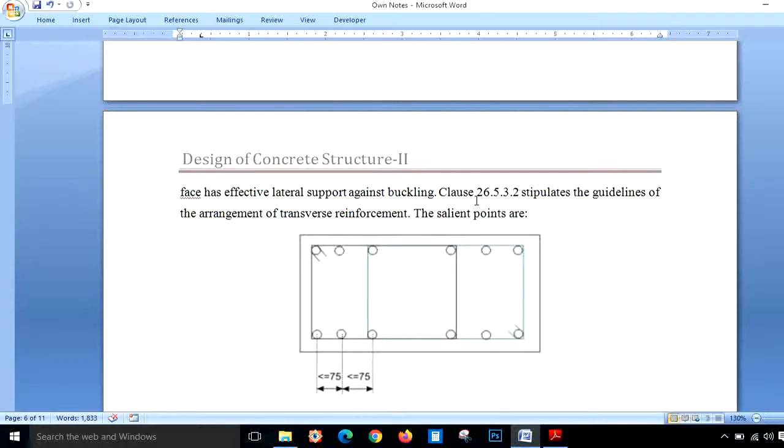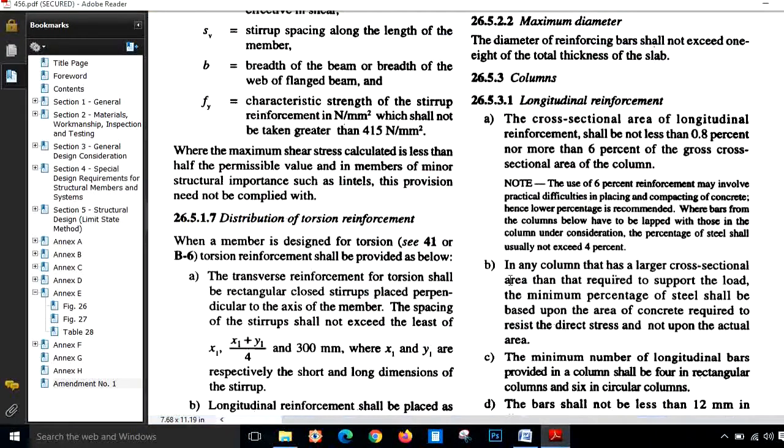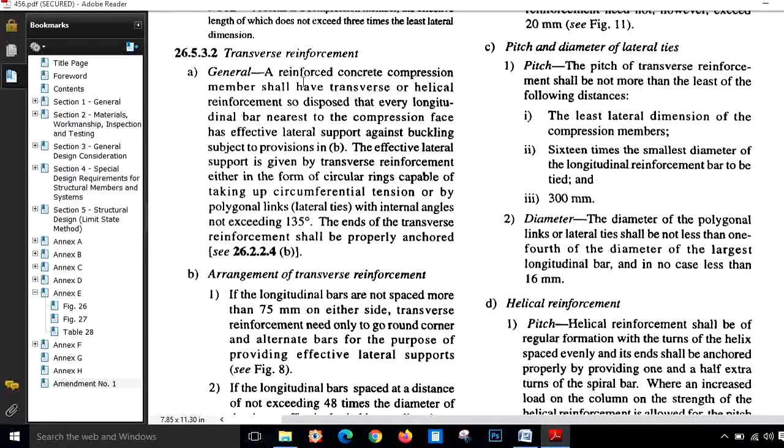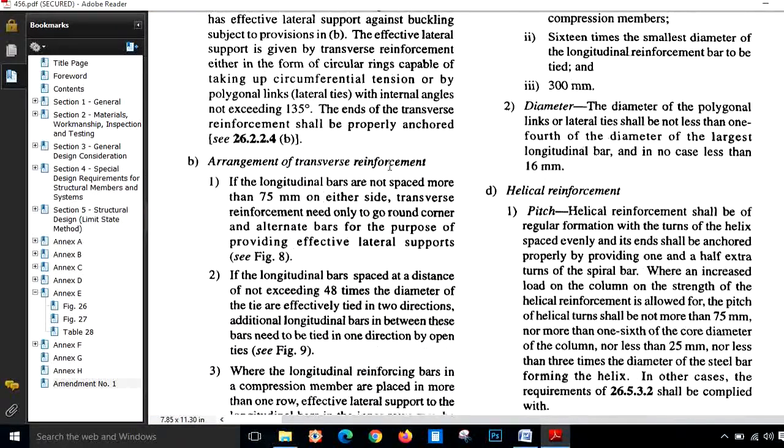As per clause 26.5.3.2, these are the stipulated guidelines for arrangement of transverse reinforcement, which we also have to follow. Longitudinal bars shall not be spaced more than 75 mm on either side.